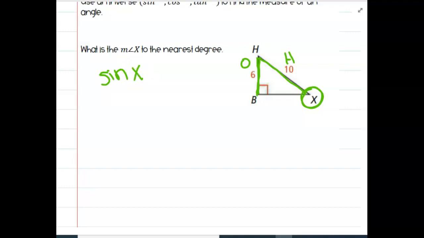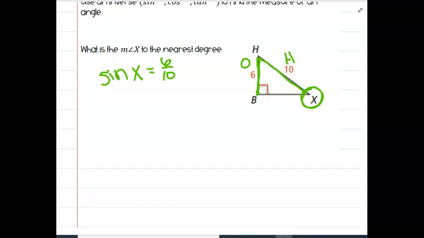I'm looking for x. Remember, whatever comes after sine is an angle measure. I'm taking sine of what angle? Sine of x equals opposite over hypotenuse, 6 over 10. So far, not a whole lot different than yesterday, right? It just changes where your variable is.